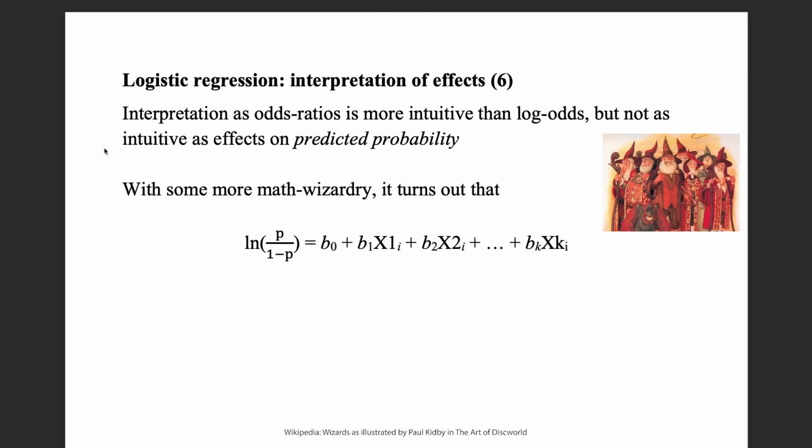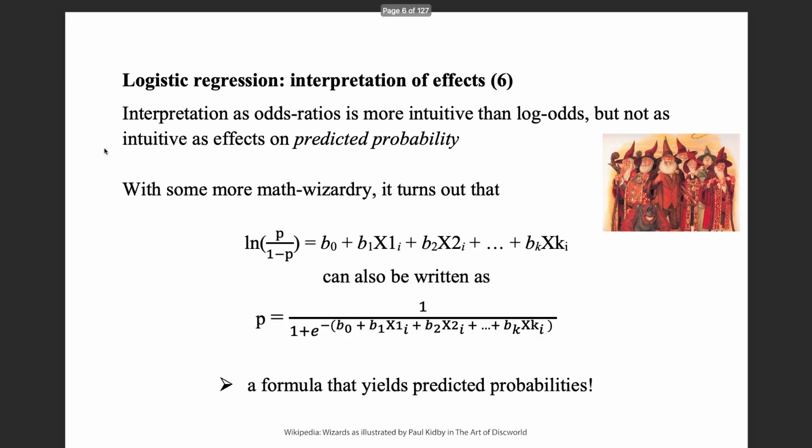The cool thing is that we can use math to rearrange our logistic regression model, this linear additive model for the log odds, in such a way that we get a model for just the predicted probability. This is just a mathematical transformation where the model is exactly the same.